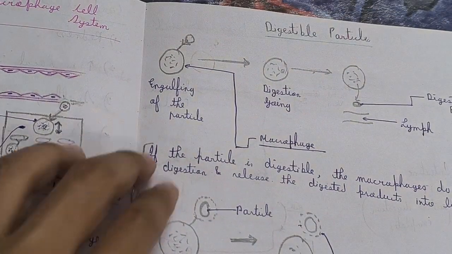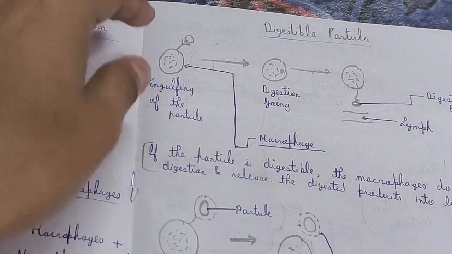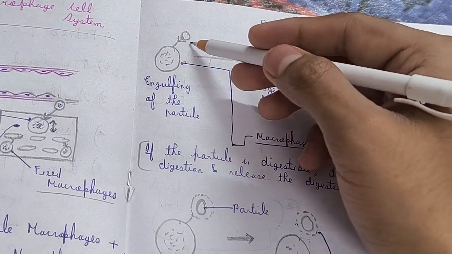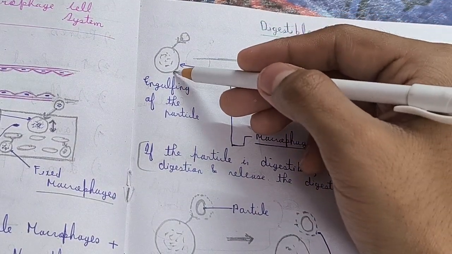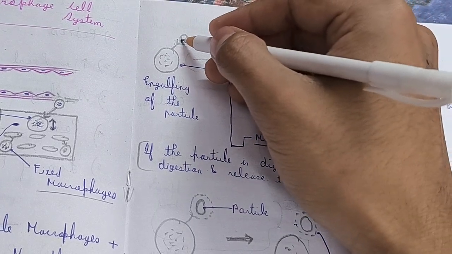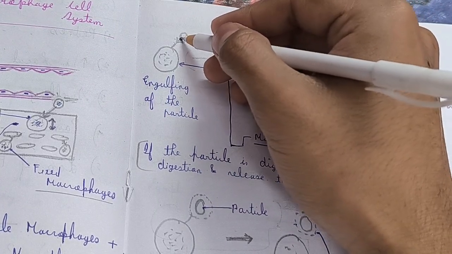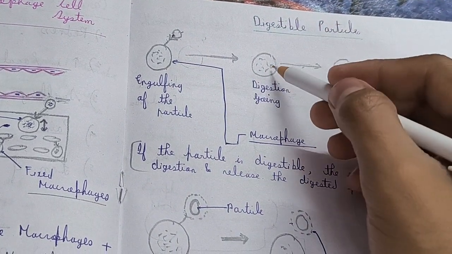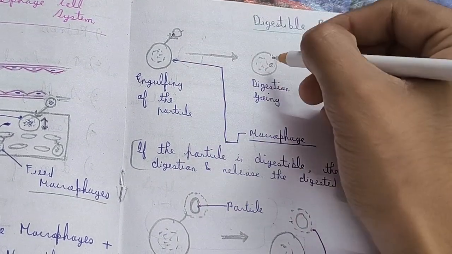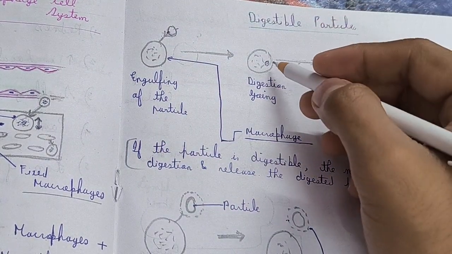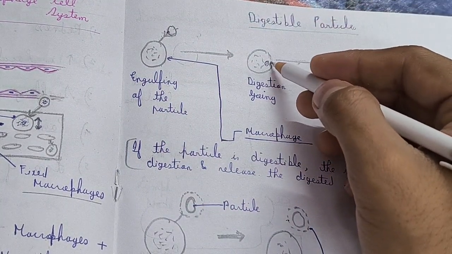First of all, you should see that this is the entrapped particle and this is the macrophage. This macrophage is engulfing the entrapped particle, and the particle is inside the body of the macrophage.